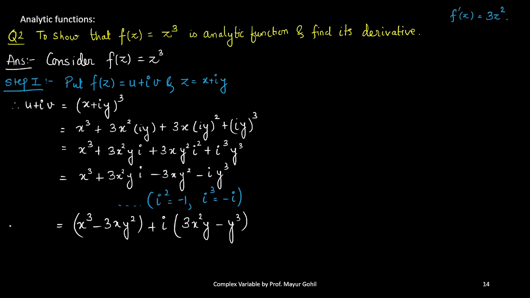We had u plus iv on the LHS, so using the same pattern we compare the real parts. The real part is u equals x cube minus 3x y square, and the imaginary part v is 3x square y minus y cube.